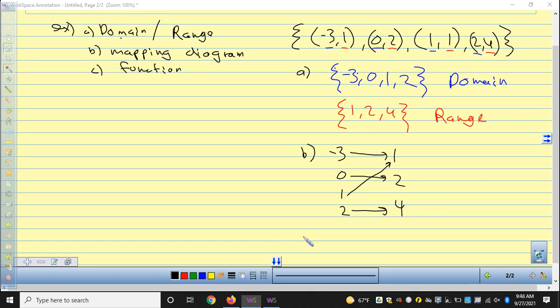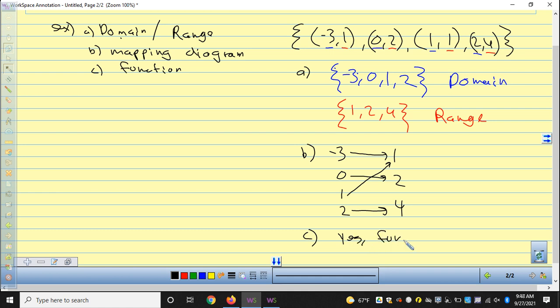And for part C, is it a function? Do we have any repeats in the x's? Do any numbers repeat here? Which one repeats? 1. In the list here? Oh, no. Does 1 show up twice? Right, the 1's repeat here, but do any repeat here? No. So this would be yes.